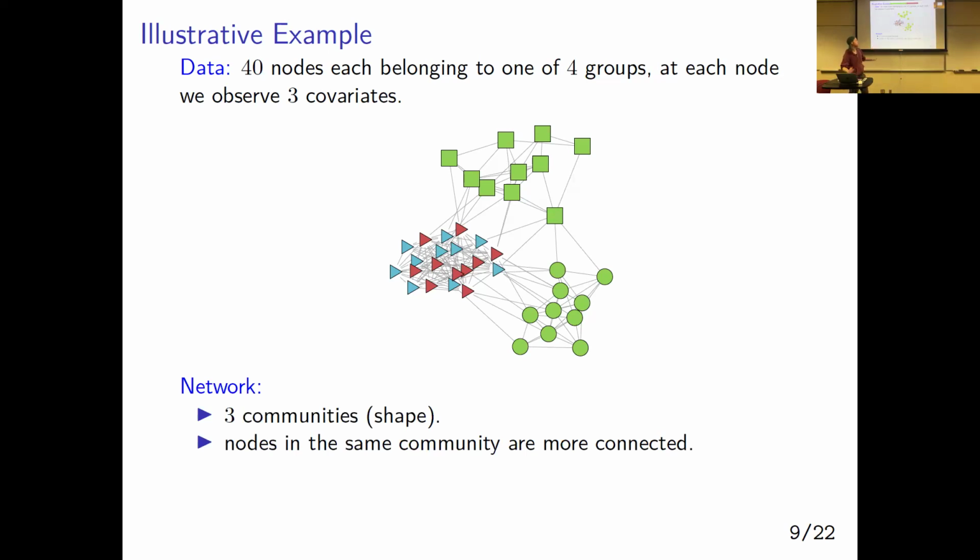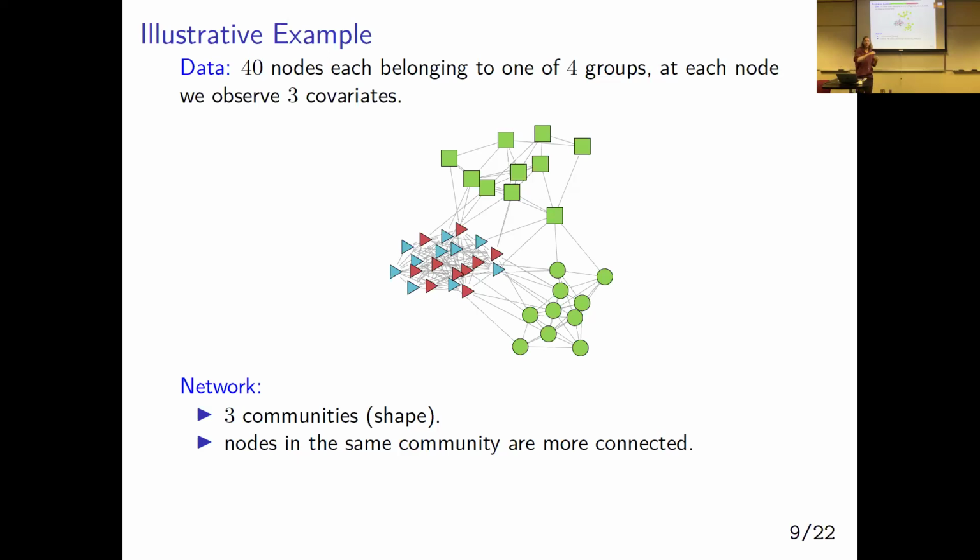Now for the color, imagine we go in at each node and take a measurement, we look at their covariates. Imagine maybe you've got 3 emerging groups for the covariate measurements.